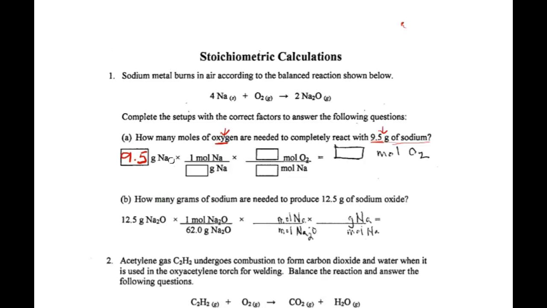Now, how do we get from grams of sodium to moles of sodium? Because remember, everything is tracked in moles. So we use this next conversion factor here: 1 mole of sodium per however many grams of sodium is in a mole.